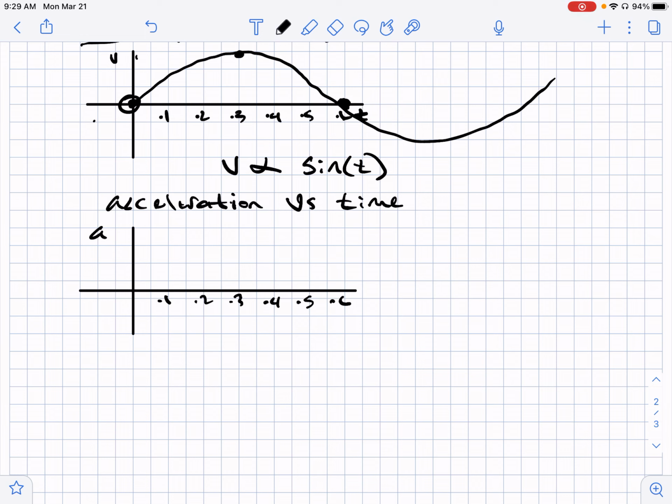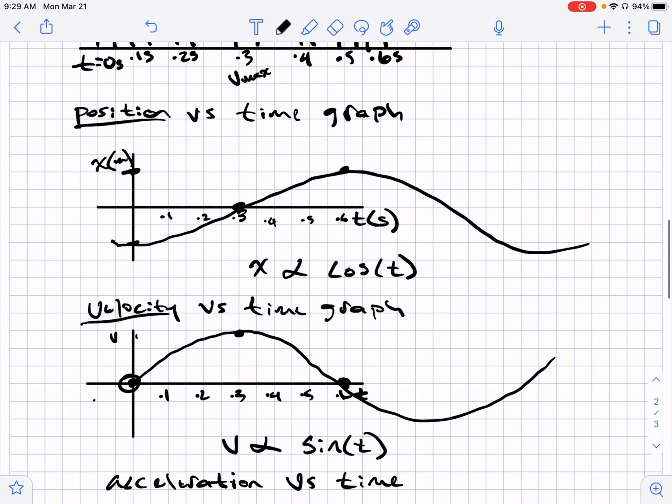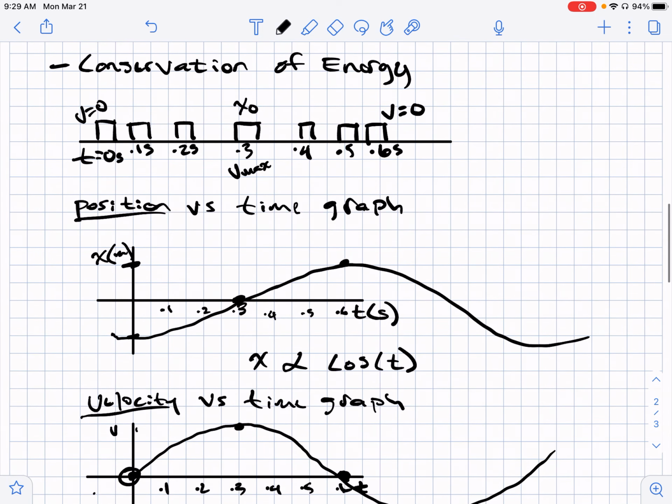And this is going to be an acceleration versus time graph. Now let's go back up to our mass on a spring here. At 0 seconds, our velocity was equal to 0 meters per second. A lot of times this is difficult for students to wrap their mind around, but actually your acceleration is the maximum at this point.